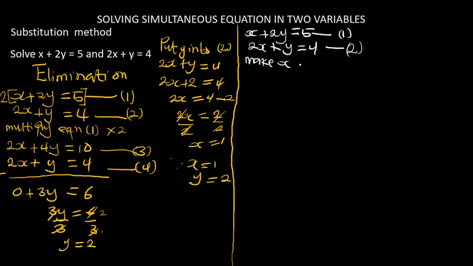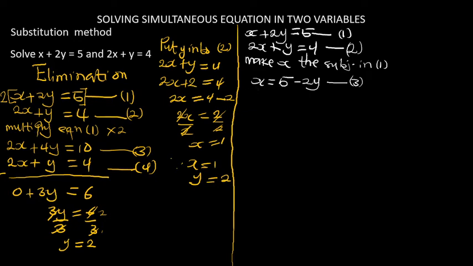If we do that, our x will be equal to 5 minus 2y. Why? Because we need our x on the left and everything else on the right. So if we take 2y to the right, it's going to be minus 2y. So 5 minus 2y. Now let's call this equation 3.